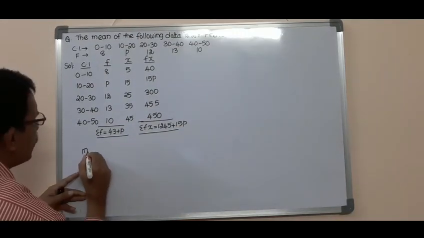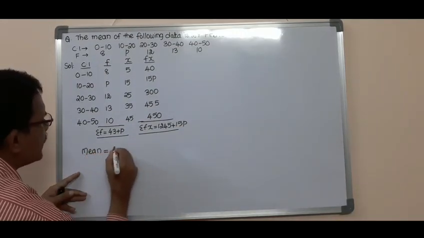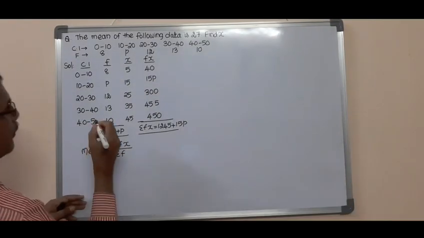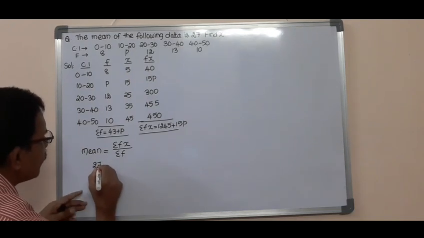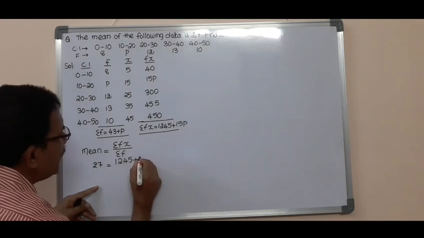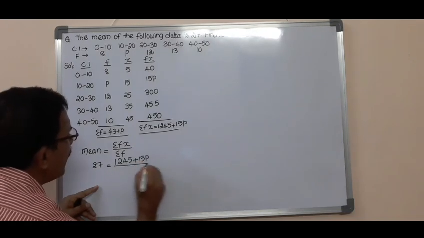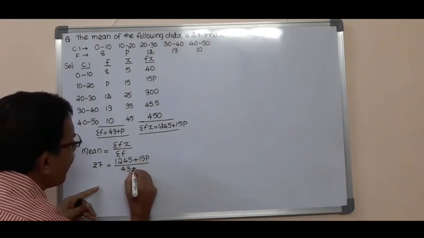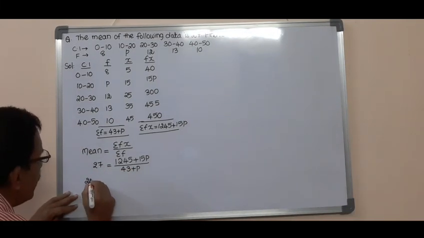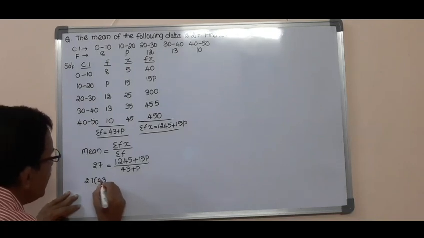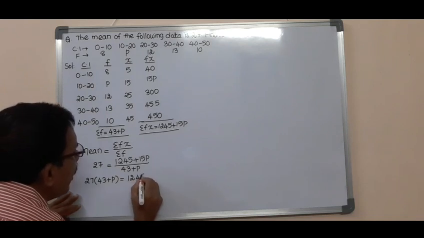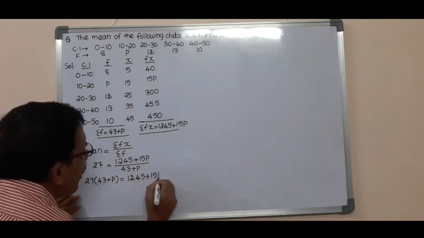Now mean is equal to sigma fx by sigma f. Mean is given 27, so 27 is equal to 1245 plus 15p by 43 plus p. By cross multiplication we get 27 into 43 plus p is equal to 1245 plus 15p.